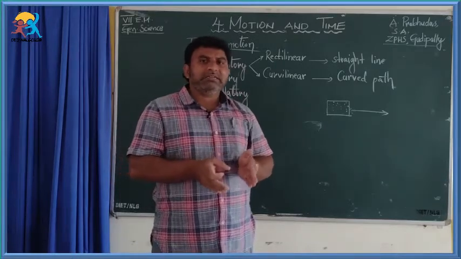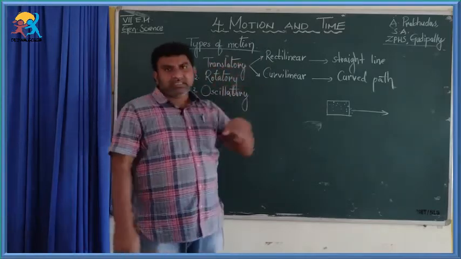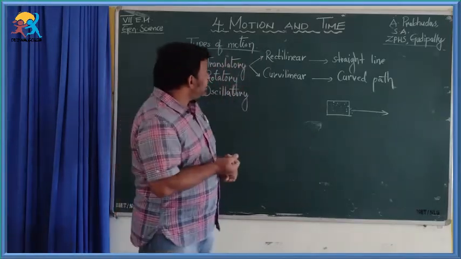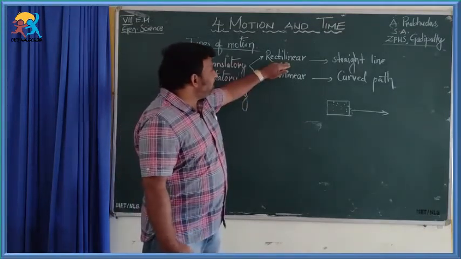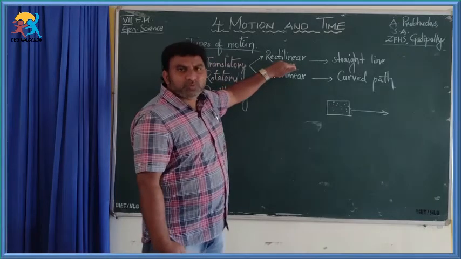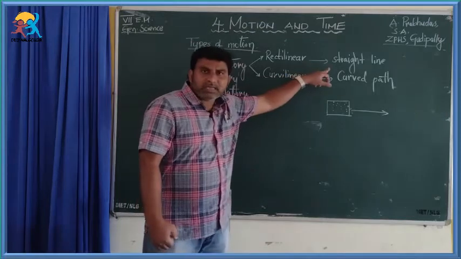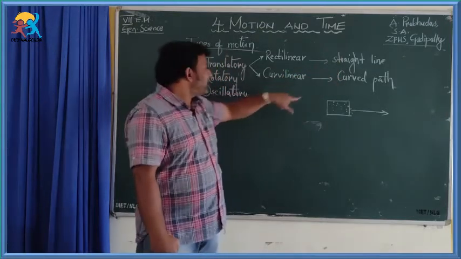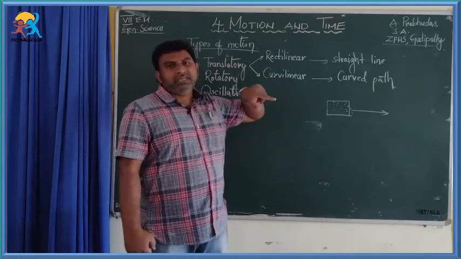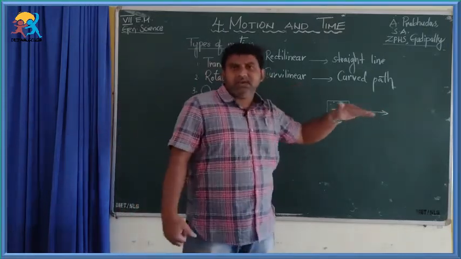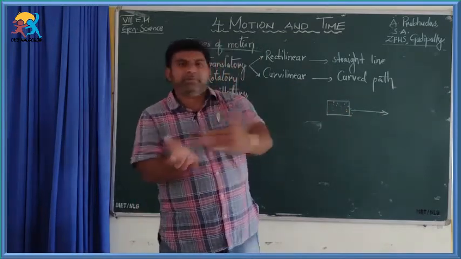So, depending upon the direction of motion, the translatory motion is of two types, rectilinear and curvilinear. Just remember, rectilinear motion is one in which the moving object goes along a straight path, and curvilinear motion is a translatory motion in which the moving object or moving vehicle travels along a curved path.